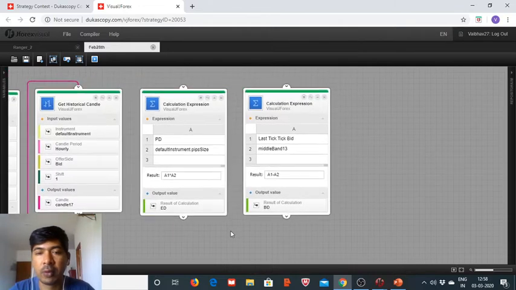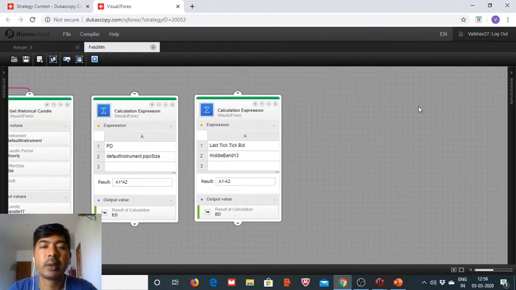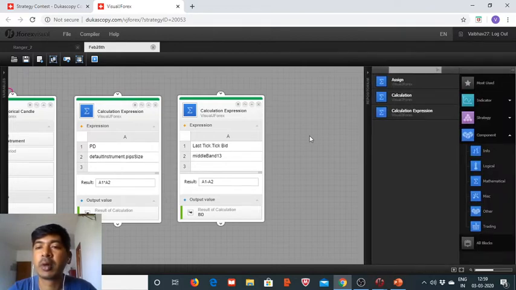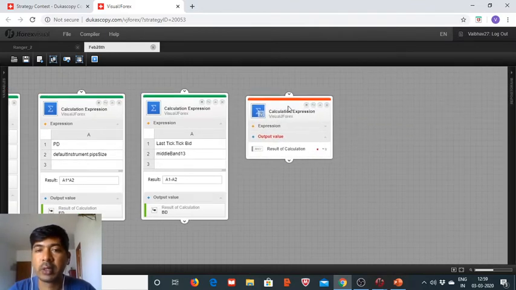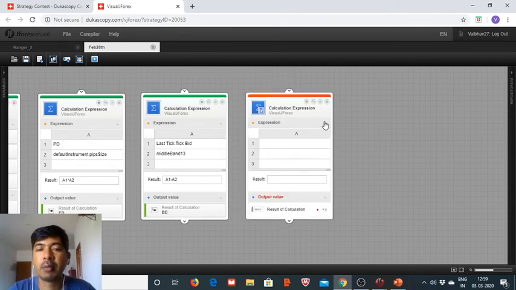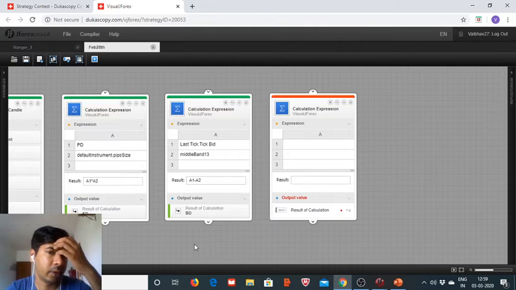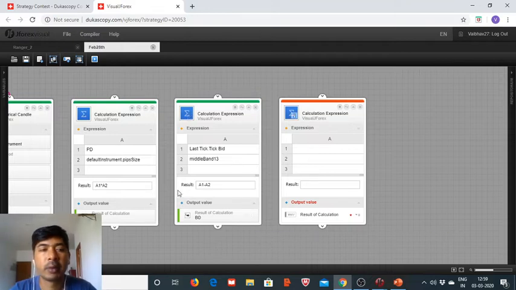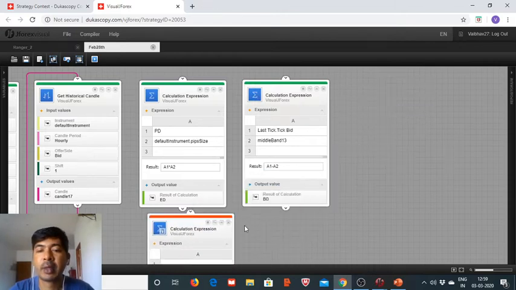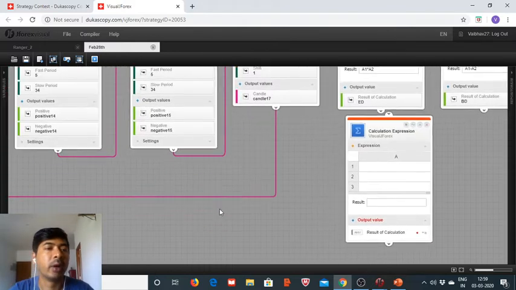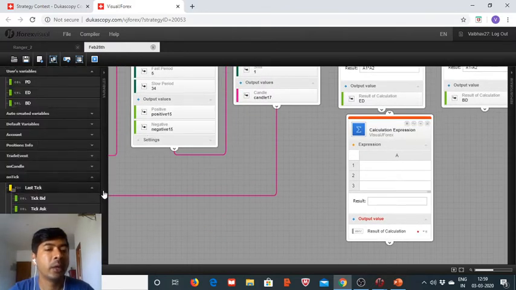We will add the flow, but before that we will need to bring in a further calculation expression block to do the desired calculation for the buy side, and here we will again need to subtract the ED, that is execution difference, from the last tick bid, and that will be our BE, you can say buy execution, we will name it.